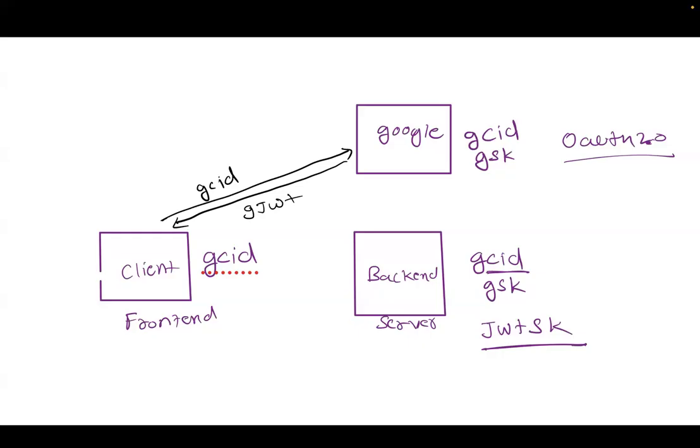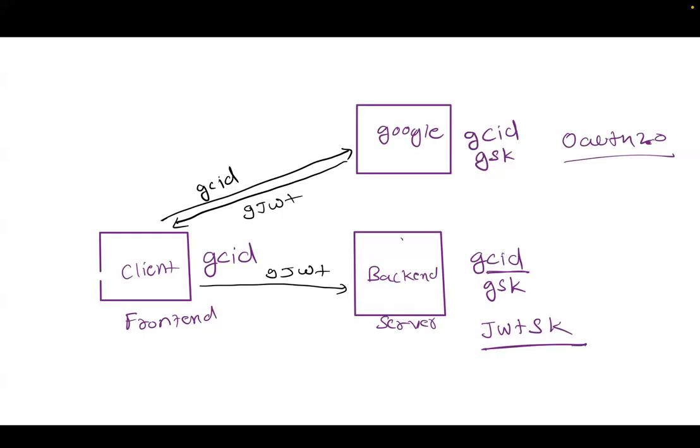Now the client will send this Google JWT which it received to the backend. Our server will verify: did Google generate this JWT for our application?